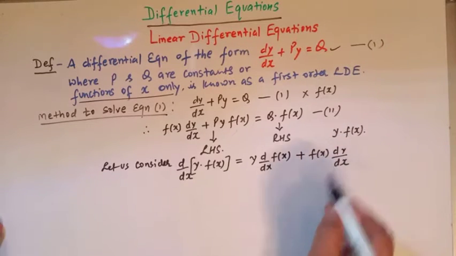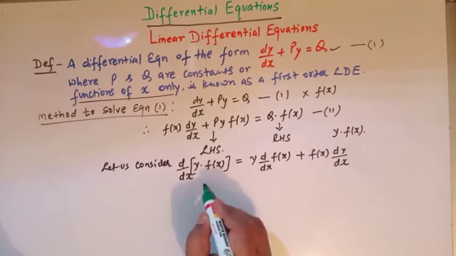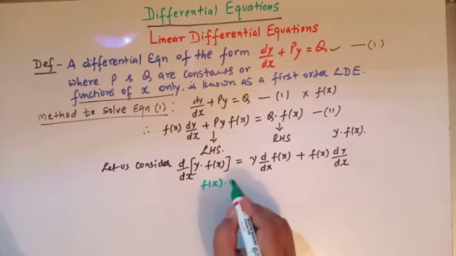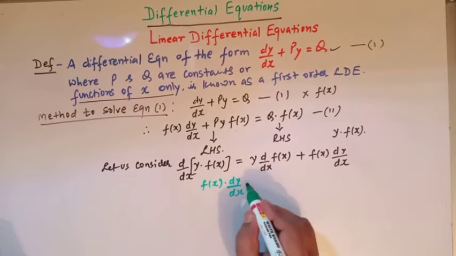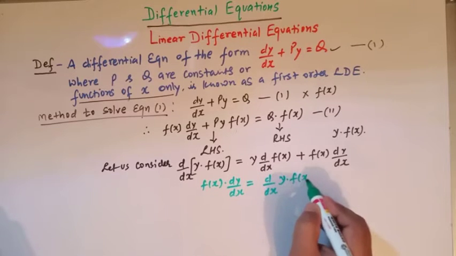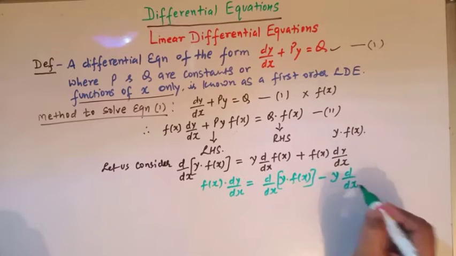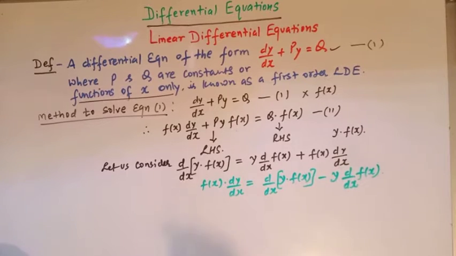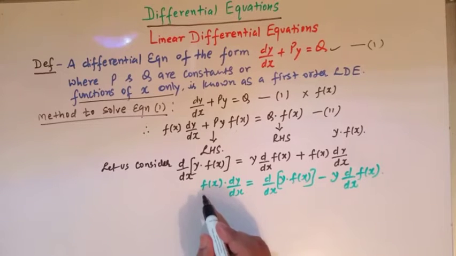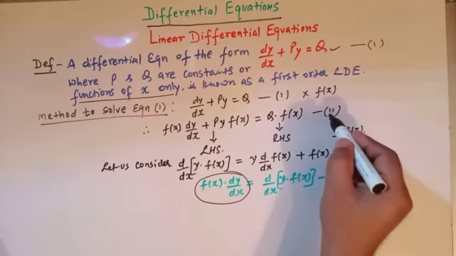Clear? Okay, now here the value of fx times dy over dx can be written as d over dx y times f of x minus y times d over dx of f of x. Clear? Okay, so viewers, let us substitute this value of fx times dy over dx in equation 2.